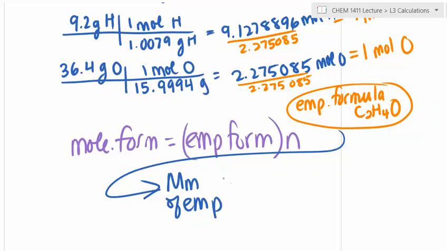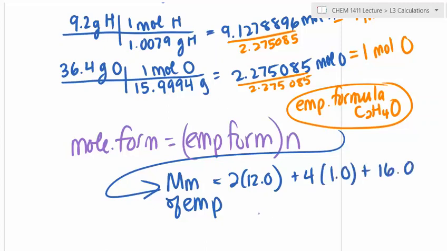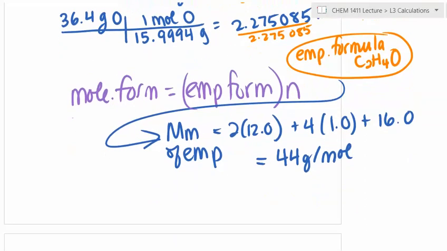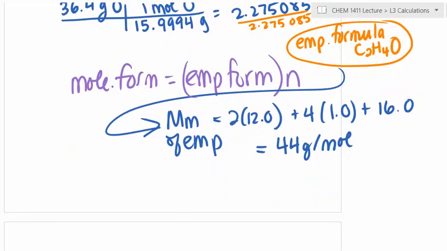So the molar mass of this is 2 times, and here we don't have to worry too much about sig figs because we're done with that part. And so for this molar mass, I get 44. And then at the top, the given molar mass of this compound was 176.